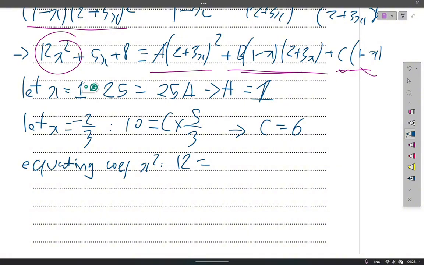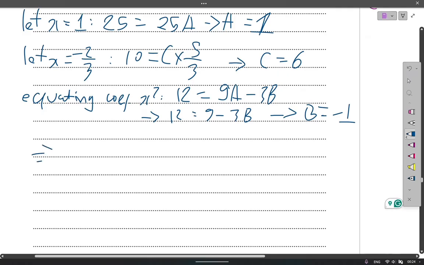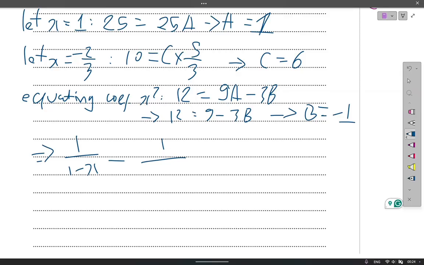The right hand side is 9a minus 3b, and we already know that a equals 1. So it's just this one, which means b is equal to minus 1. So the final form is going to be 1 over x.